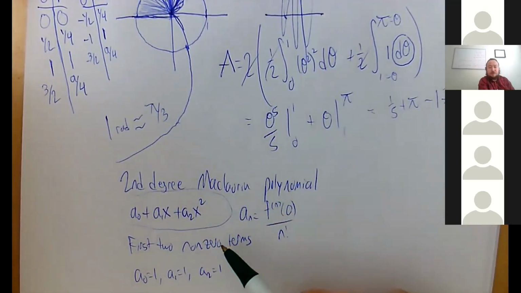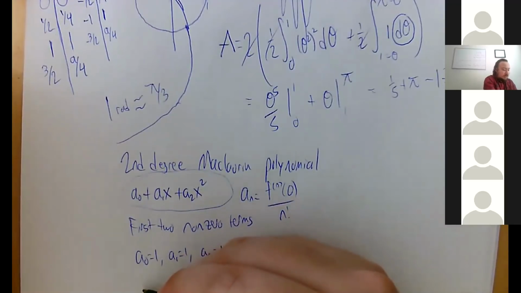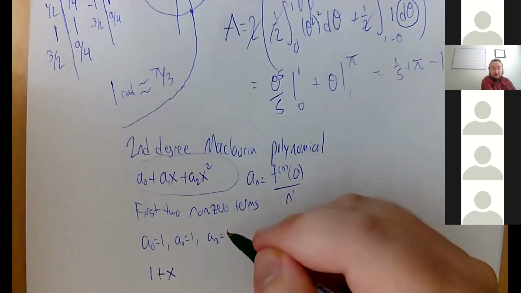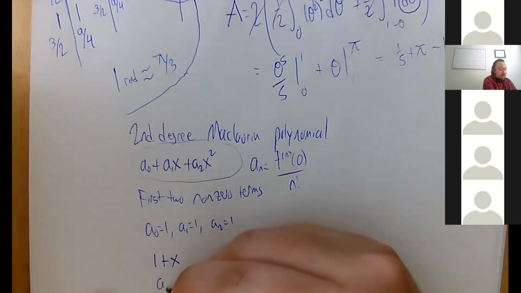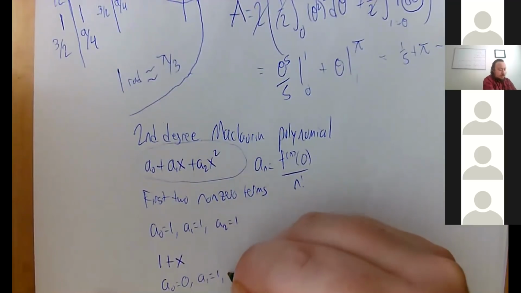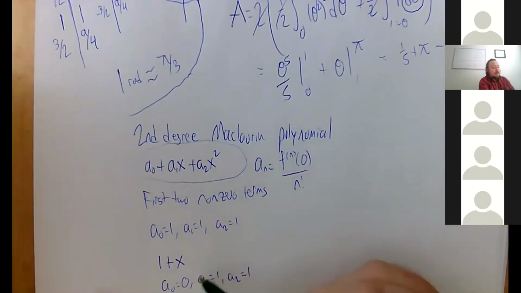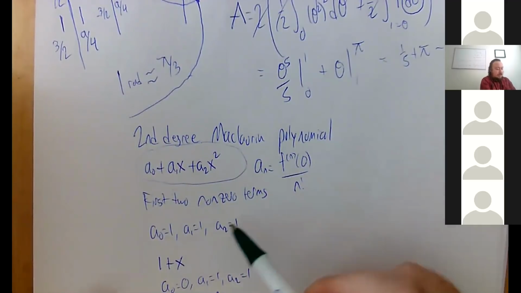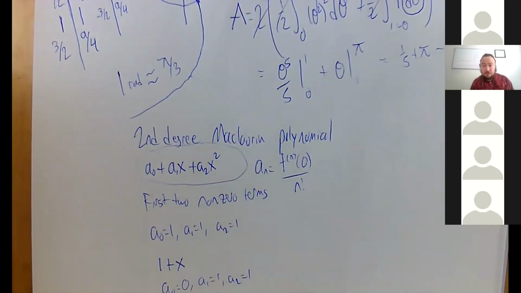So if I wanted to list the first two non-zero terms, that would be 1 plus x. But on the other hand, if I had A0 is 0, A1 is 1, A2 is 1, then I would ignore the first one. That wouldn't count at all because it's 0. And then I would do A1 is 1 and have my x, and then A2 is 1 and have my x squared. This is what I mean by first two non-zero terms.